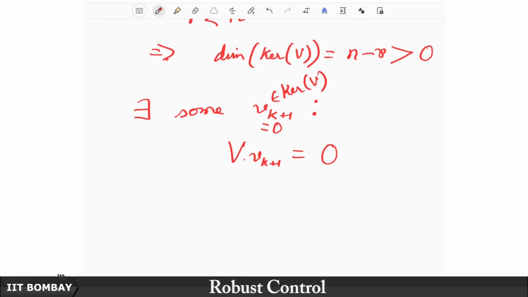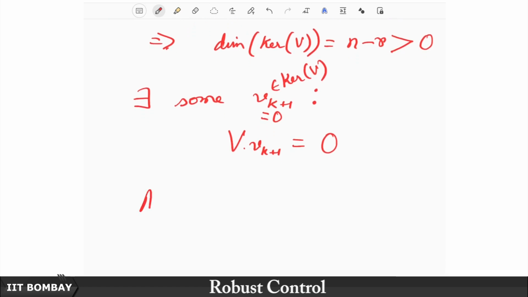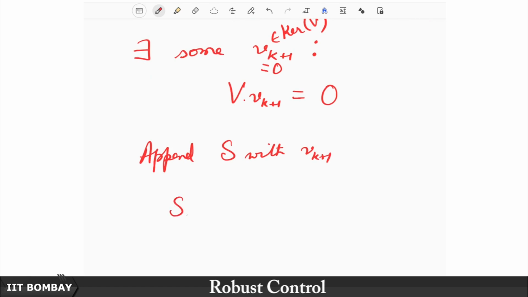Now, what if I choose this Vk plus 1 and append it to S, that is, cook up S bar equal to V1, V2, up until this point you have all the entries of S, and then you just add this new fellow here.